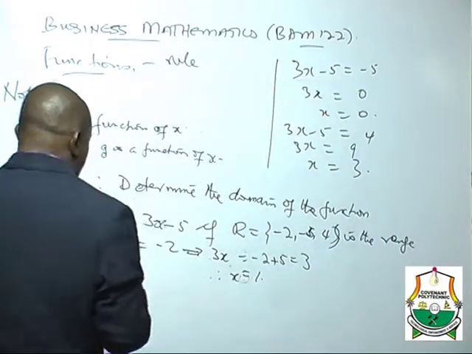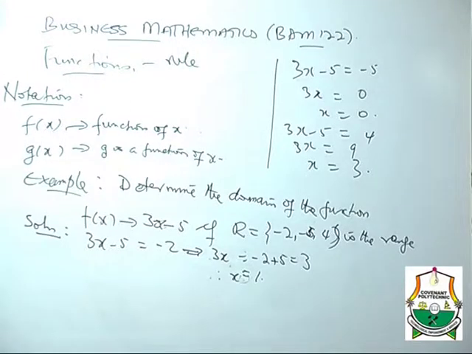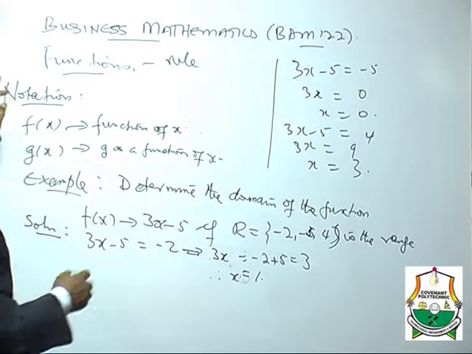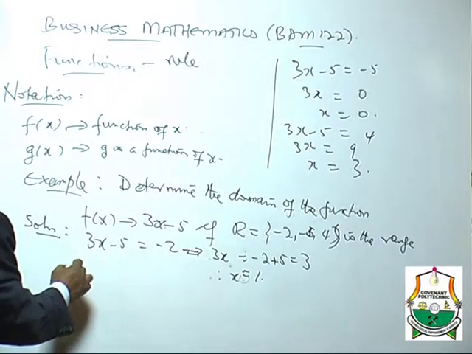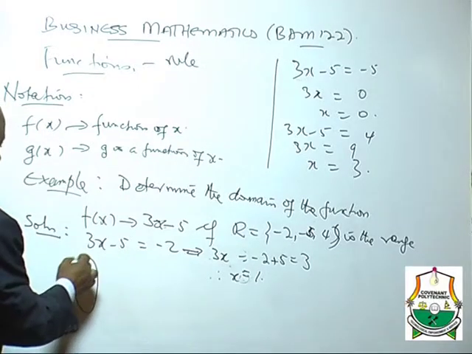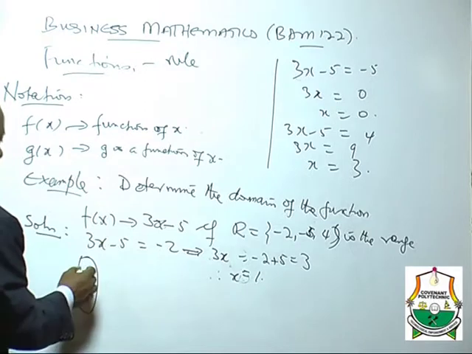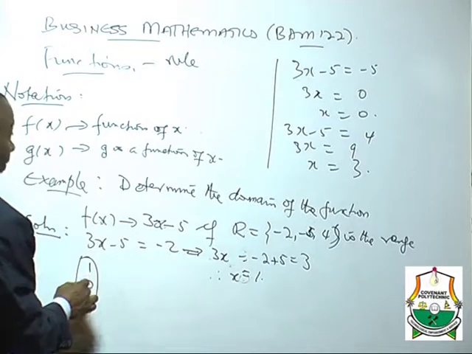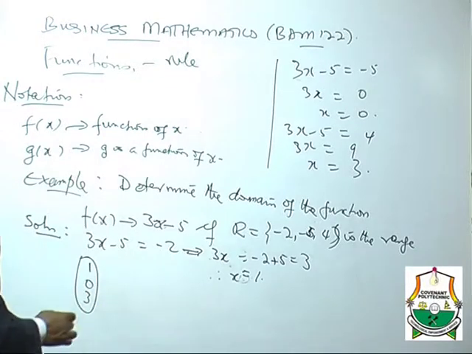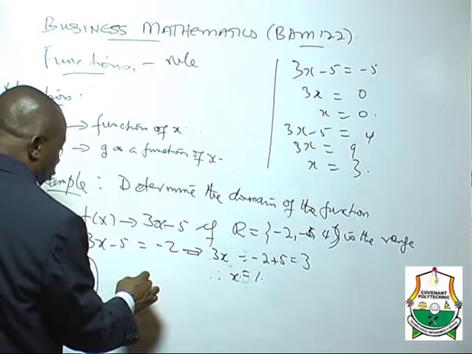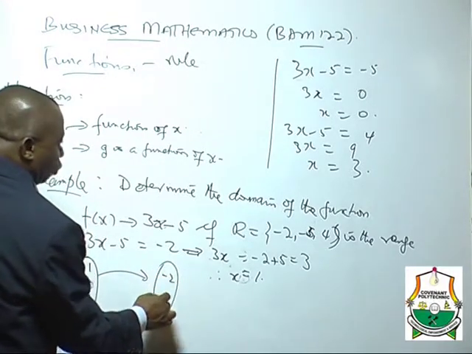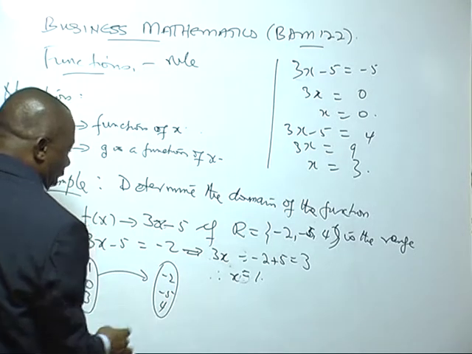So the question calls for that we should determine the domain. So the domain of the values will be, if you like, the first value is 1, the next one is 0, and the other one is 3. So this goes to the values of -2, -5, and 4.